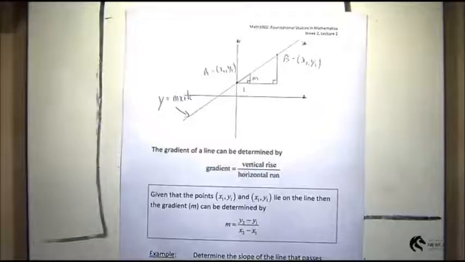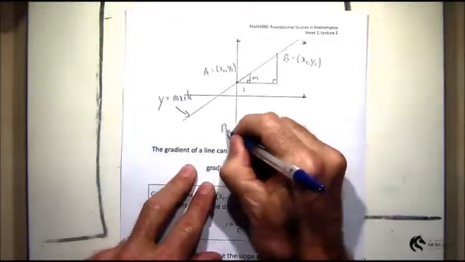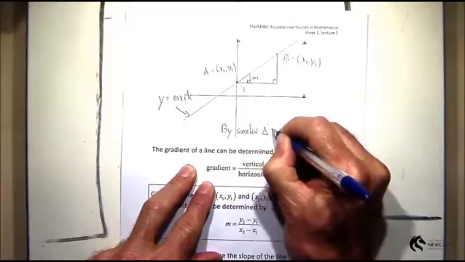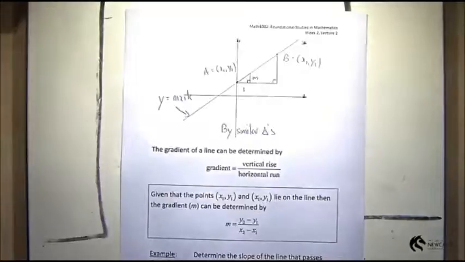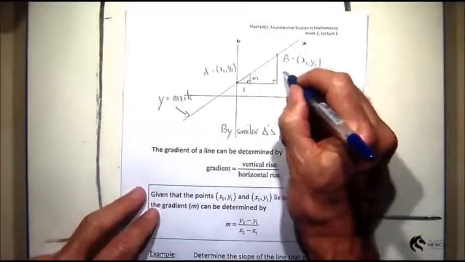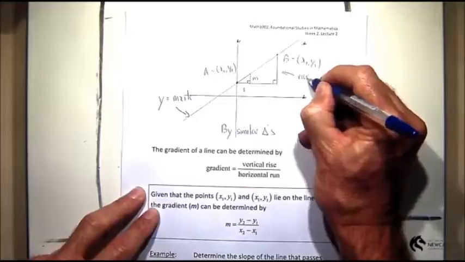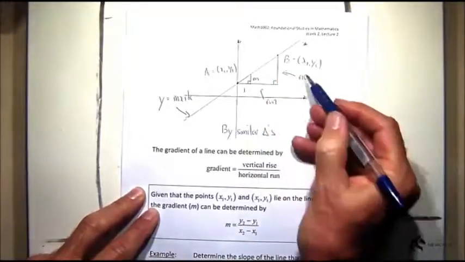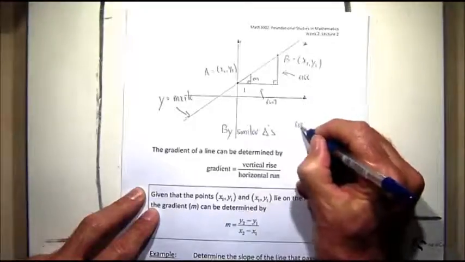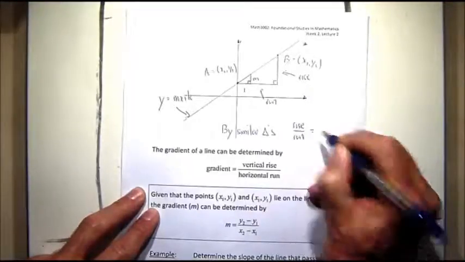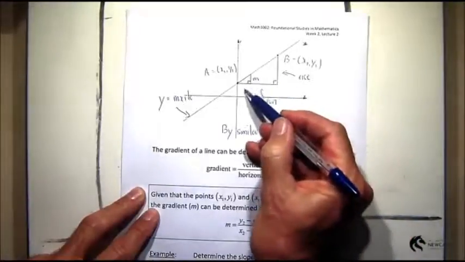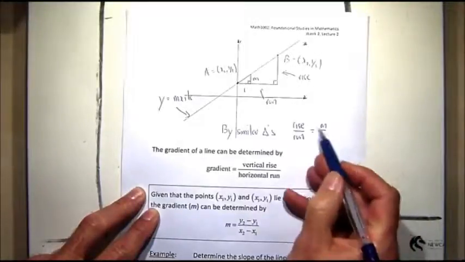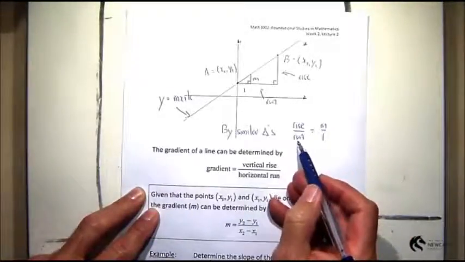So if I call this the rise, and this side here the run, then the ratio of the rise to the run in the first triangle is the same as the ratio of m to 1 in this triangle. So that says m is the rise over the run.